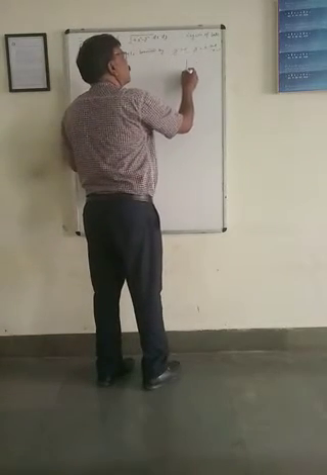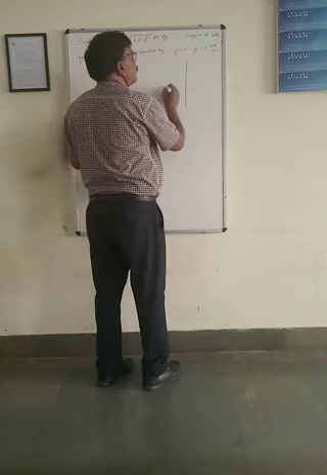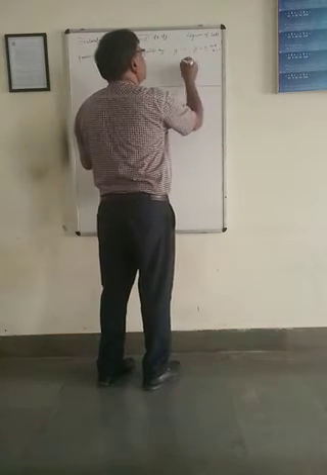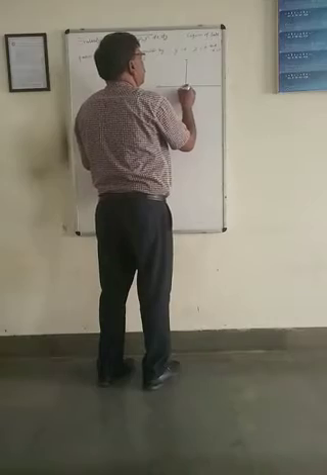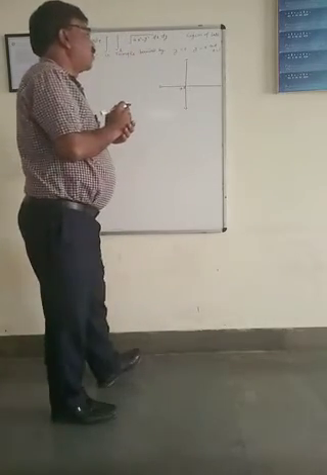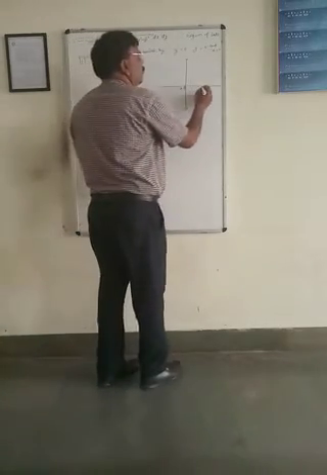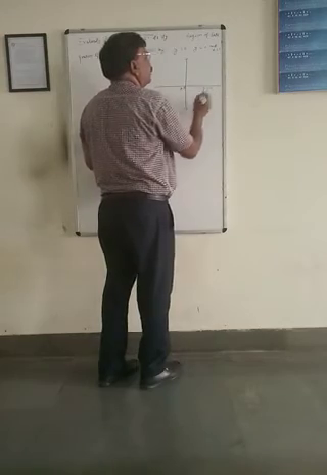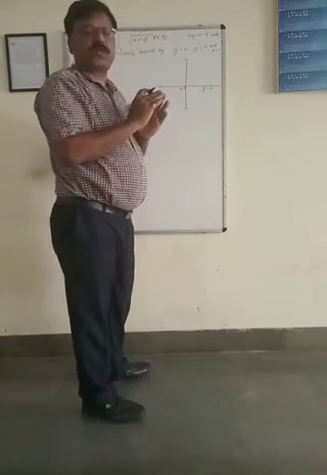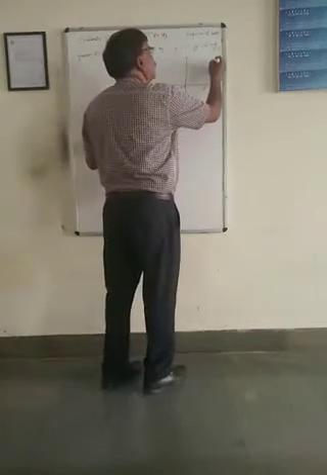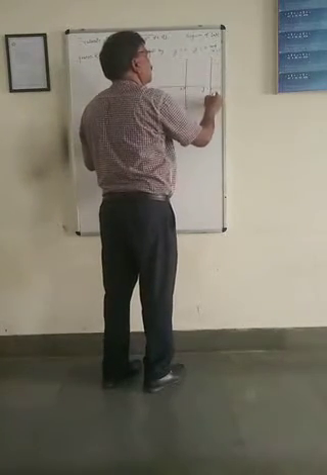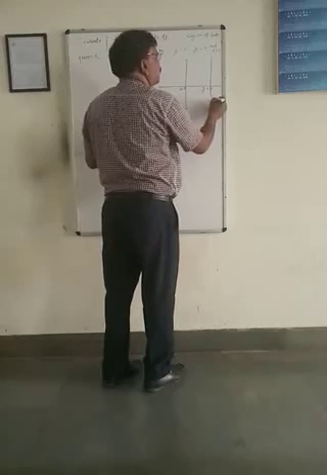This is the two-dimensional space. This is the origin. Now y is equal to 0. The equation of the x-axis is y is equal to 0. This is x is equal to 1.